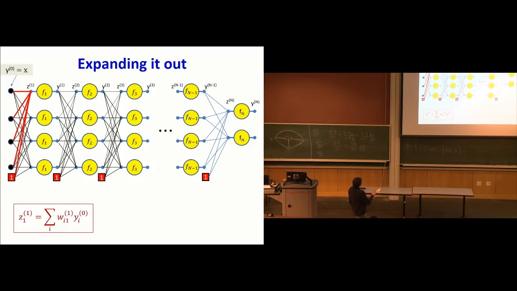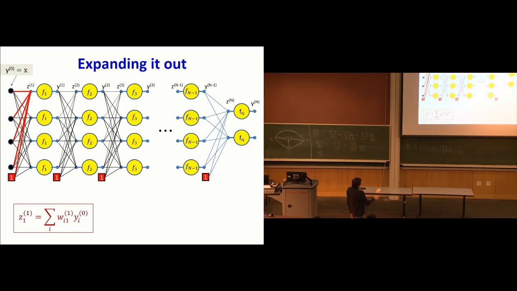Consider this first unit. For this first unit, Z1, the subscript indicates that it's the first unit. And notice that this F subscript 1 means that all of the neurons in the first layer use the same activation function. That's just my notation, my convention. So the Z is going to be just a weighted combination of all of the inputs.